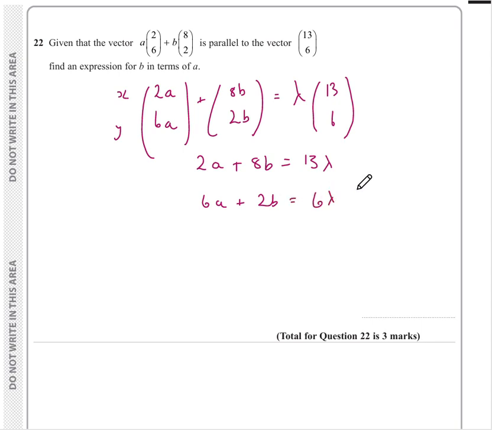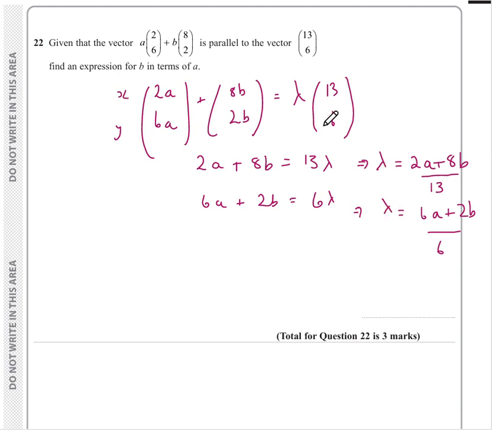Okay. Before we can solve this, I'm going to make lambda the subject. So for this first one, it's going to be (2a plus 8b) divided by 13 if I rearrange it. And for the second one, lambda is going to be equal to (6a plus 2b) divided by 6.